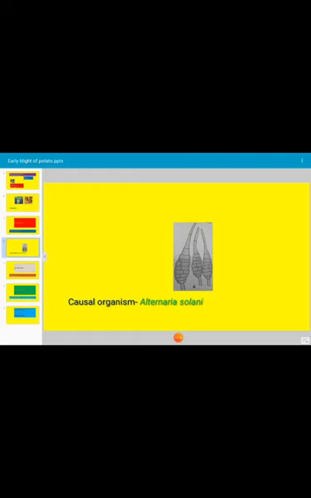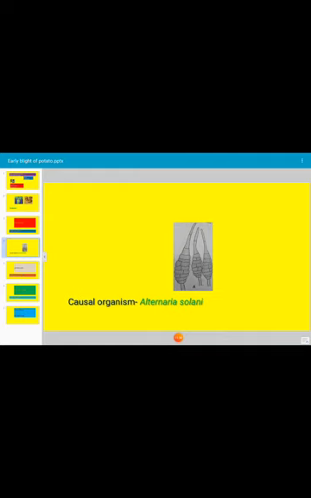The conidia which are produced by Alternaria solani are very specific. Such type of conidia occurs only in Alternaria. The conidia are beaked. It has a beak-like, pointed structure, and these conidia are muriform. They are broad at the base, pointed at the tip, and these conidia consist of transverse septa as well as longitudinal septa.